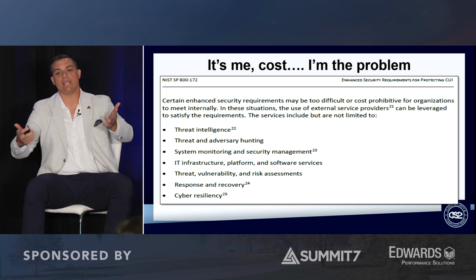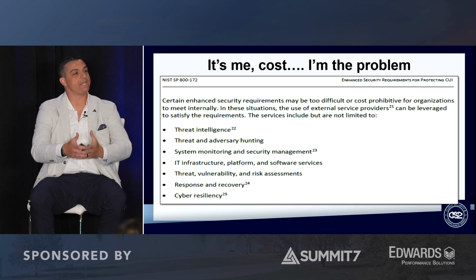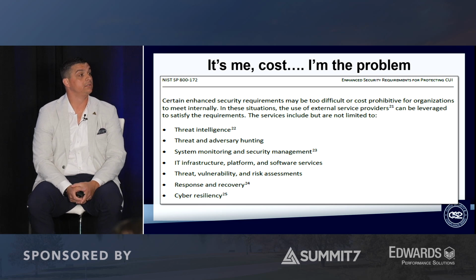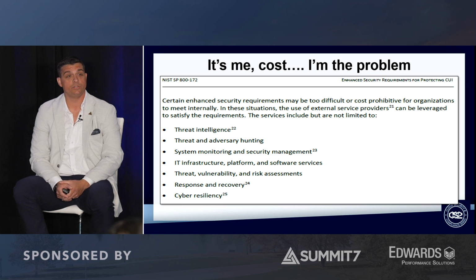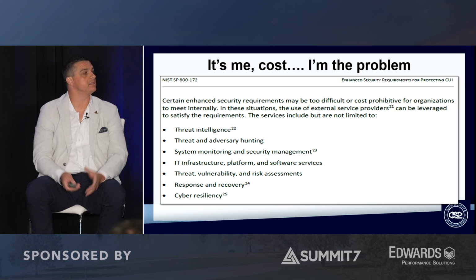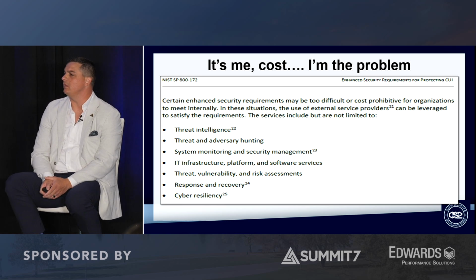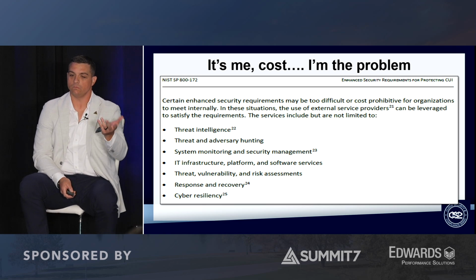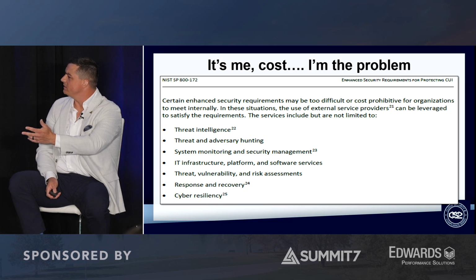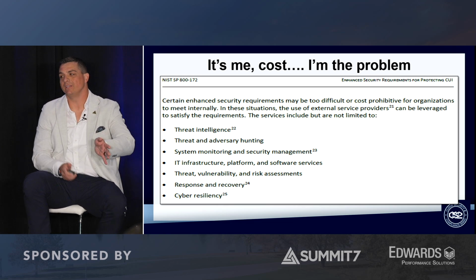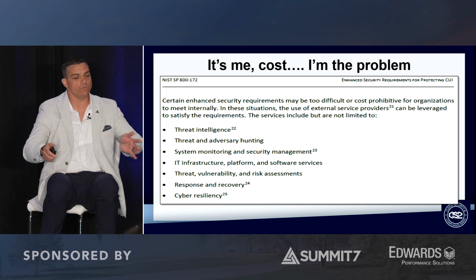In 172, they tell us that certain enhanced security requirements listed within this standard are going to cost you money. They're specialized skills, and they require specialized people to do them. Makes total sense. But then you start reading through the list, and you're like, threat intelligence, okay, I get it. That's 172 specific. And then threat and adversary hunting, kind of 172 specific. If you're being really ambitious in 171, you're doing it.